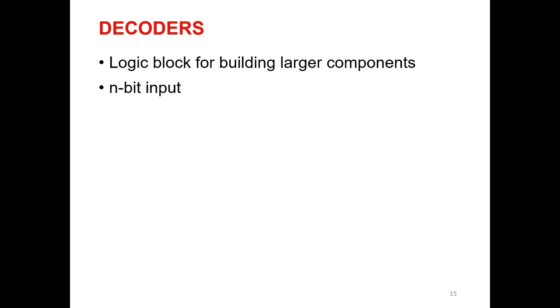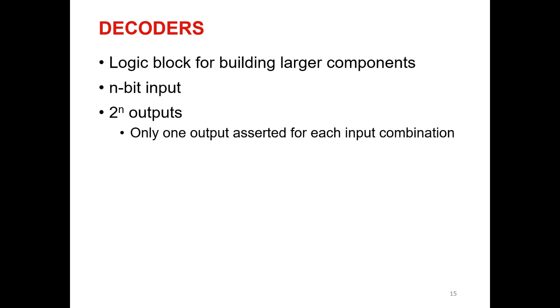Actually, decoders and multiplexers, as we will see later, are internally made using gates. So if we have a decoder which has an n bit input, so an input of 64 bits or an input of 1 bit, then we will have 2 power n outputs, and only one of the outputs will be true for each input combination.